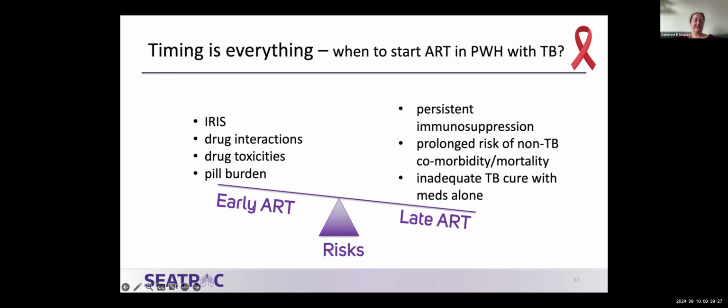People who have HIV and have immune suppression and who are not taking ART, we need to balance the benefits of starting ART early, and benefits meaning we get people on treatment effectively, we get viral load suppressed, allow immune systems to come back, and the immune system is really necessary to fight TB, with the challenges of starting ART early in someone who has TB, which includes drug interactions with TB treatment, drug toxicities, pill burden if you're starting ART and TB treatment together, and the risk of immune reconstitution syndrome.